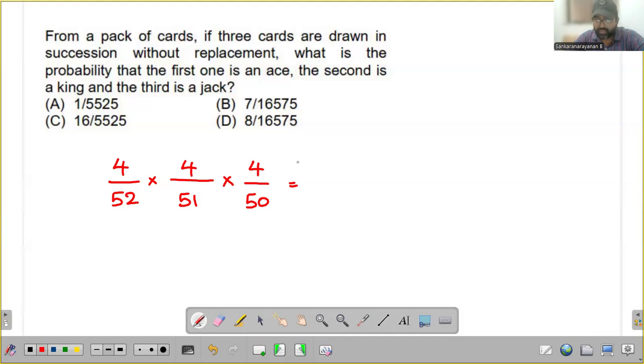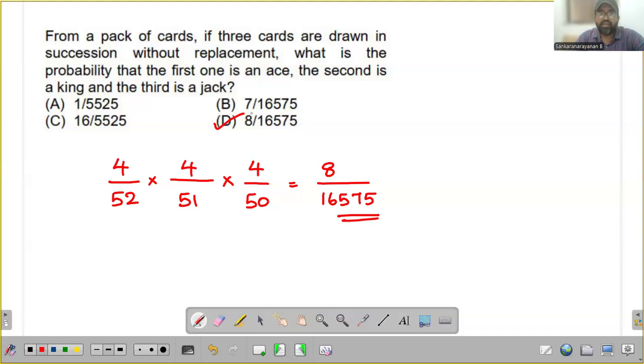I suggest you confirm it: 4 into 4 into 4 divided by 52 into 51 into 50. Right? When I confirm it, yes, I am getting the result as 8 upon 16575. Got it? So option D reads that. For this question, you should mark option D as your answer choice.